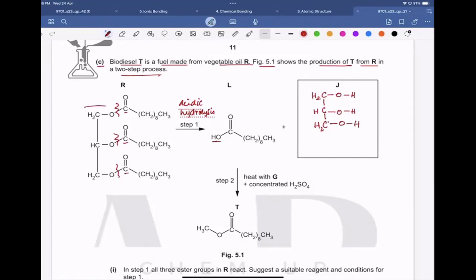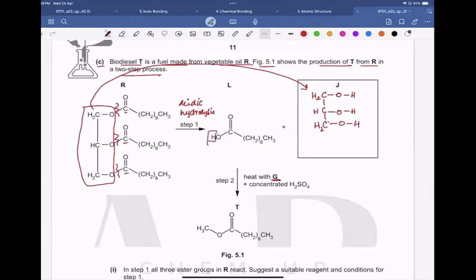So if you see, this whole thing gets over here. Okay. Now, this L in step 2 reacts with the G to form this. What change are we observing over here?